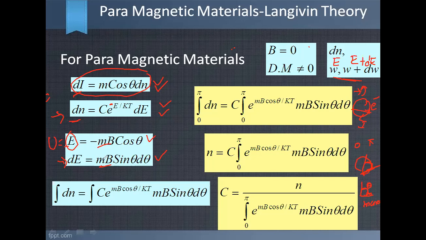The two minus signs cancel, so dE equals mB sin theta d theta. Is it clear, guys?